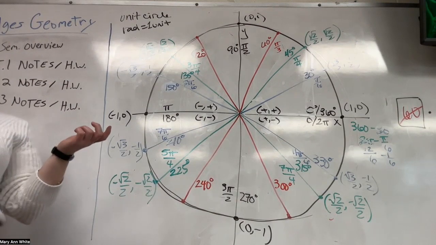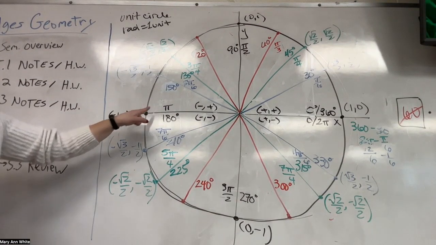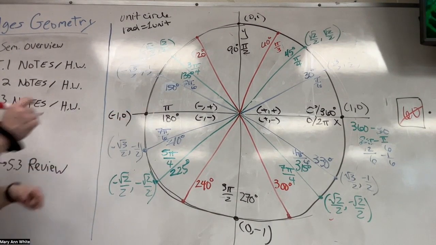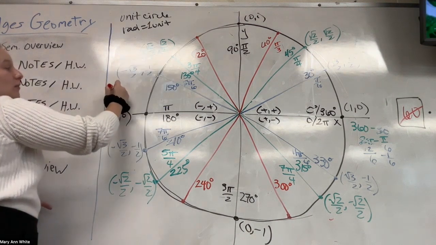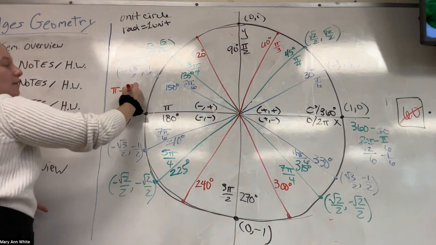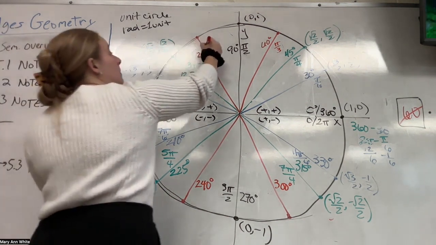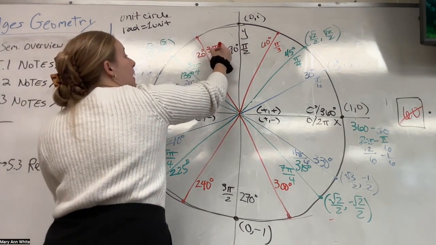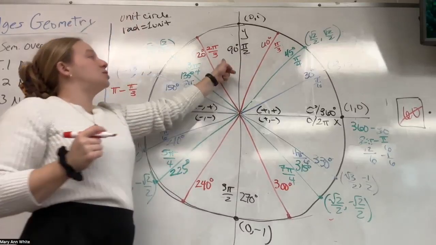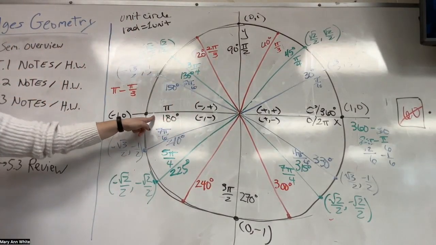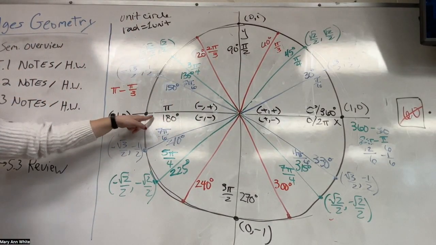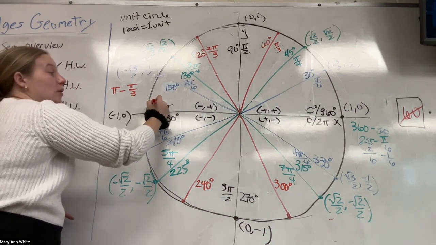Okay, I think 60s are actually the easiest ones. If I have 1 pi, and I minus pi over 3, what's 1 minus a third? 2/3, good. 2 pi over 3. So I go pi over 3, 2 pi over 3. You can even think of pi as being 3 pi over 3.